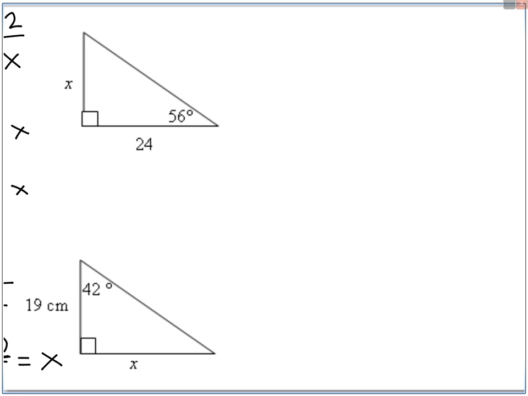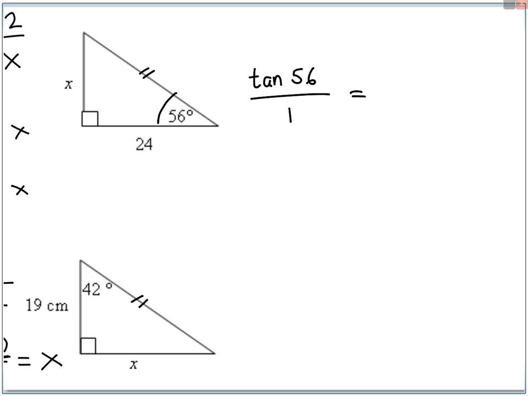All right, mark 56. Are these all tangent? Yeah, because they don't give any hypotenuse. So these are all tangent, because see how they didn't give any information about the hypotenuse in any of these problems? Okay, so tangent 56, put it over a 1. What's the other side going to be? Opposite over adjacent.